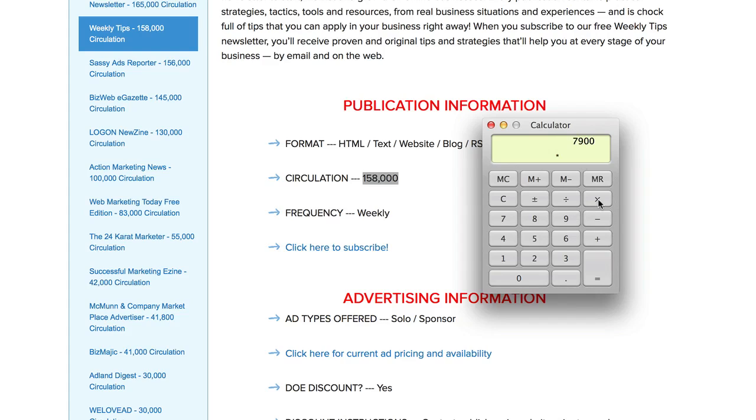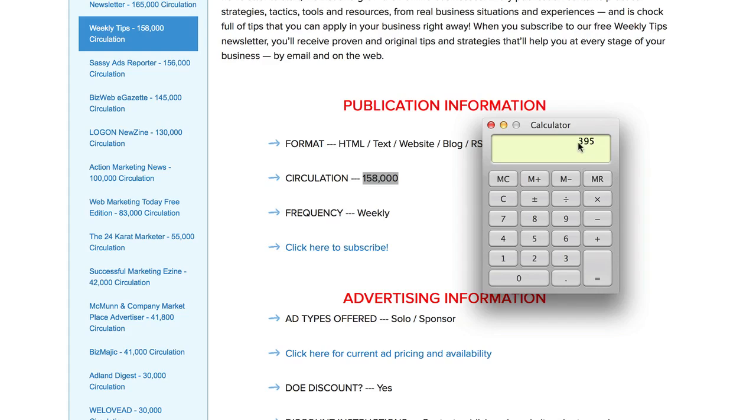Then let's say the click-through rate is, again, very conservative, let's play low here, 5%.